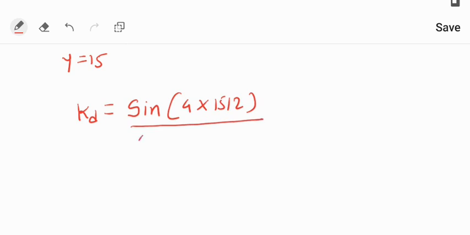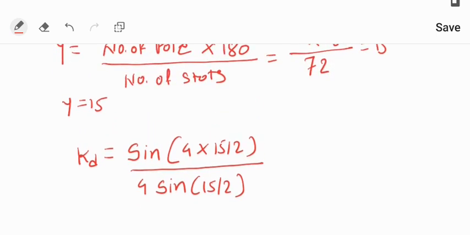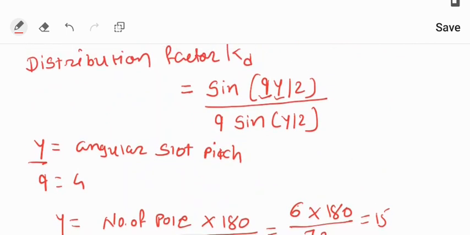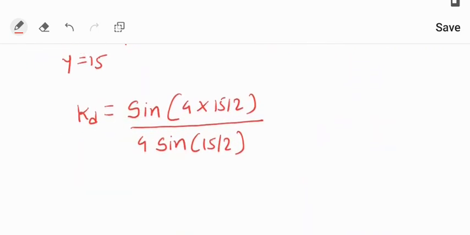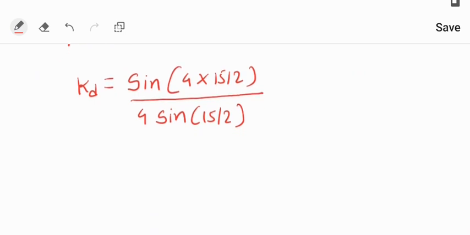So when we calculate the KD, it is equal to sin of 4 into 15 by 2, divided by 4 sin 15 by 2. We just simply put the values of Q and y in this equation.